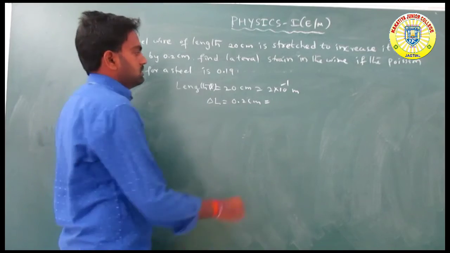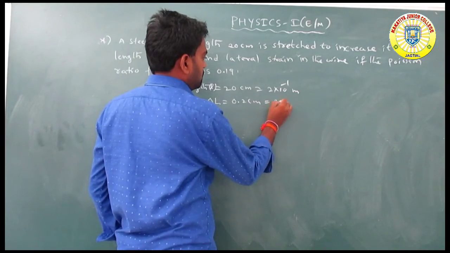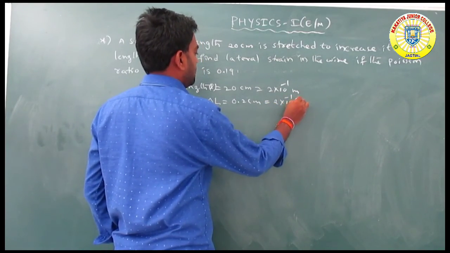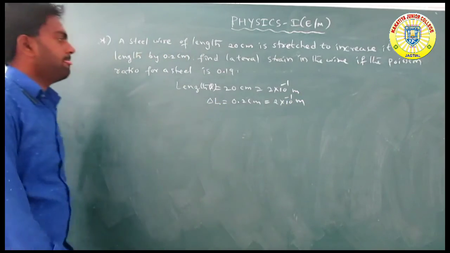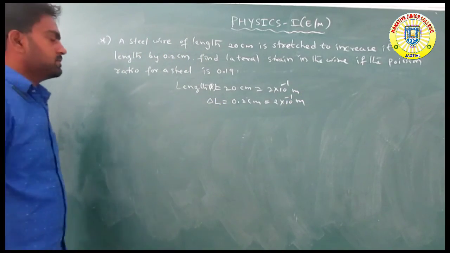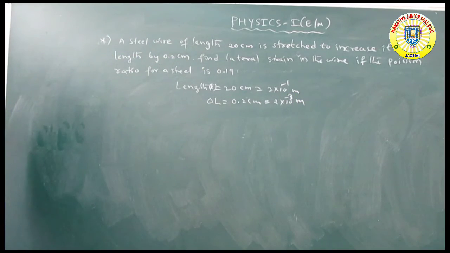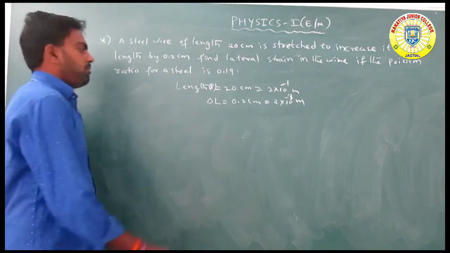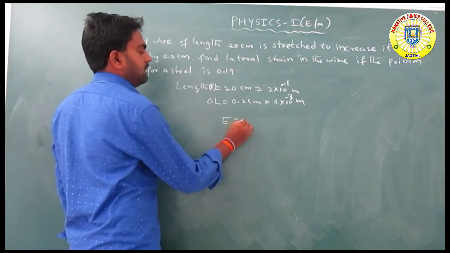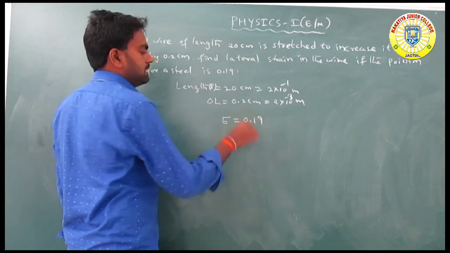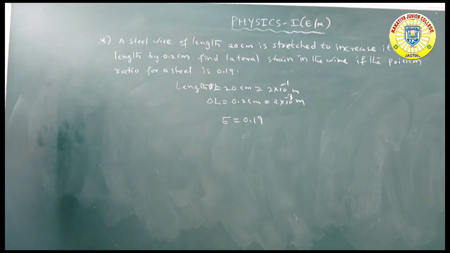We got it. So that is also 2 into 10 to the power of minus 1 meters. 0.2, so 10 to the power of minus 3 centimeters. And find the lateral strain on the wire if the Poisson ratio is given. So the Poisson ratio is indicated by sigma. So sigma is equal to 0.19.